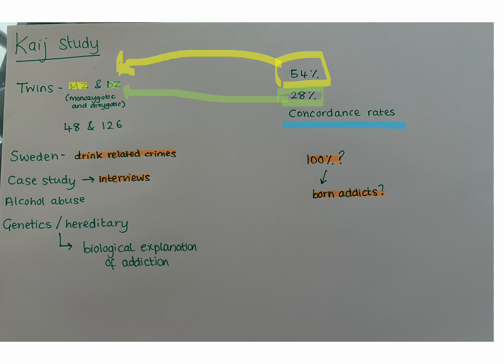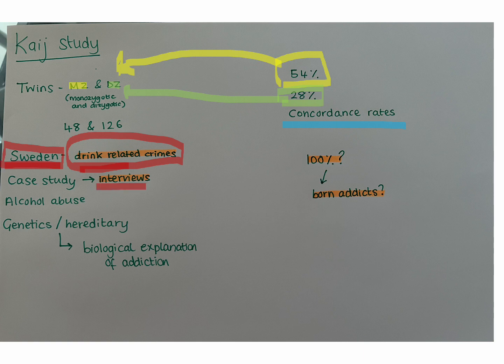So when we move on now to consider the evaluation points, which I will go over in red, there are issues in that all of the participants were on the register for drink-related crimes and they were all from Sweden, which means we can't generalise this to alcoholics who haven't been arrested for drink-related crimes, and we can't generalise it across other cultures because they only used Swedish participants.